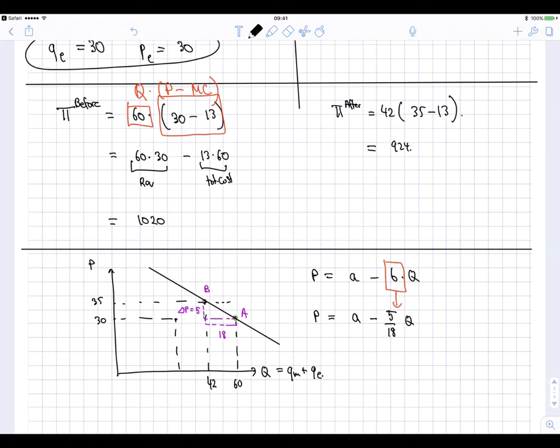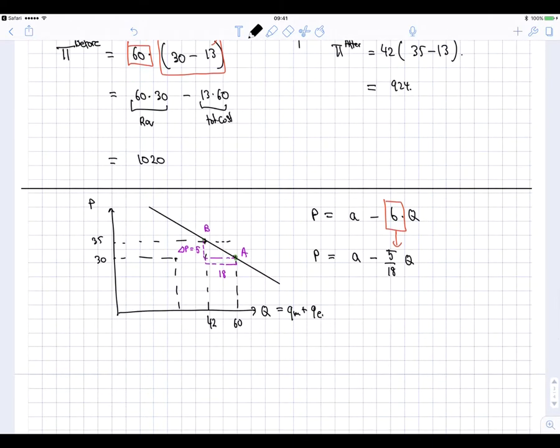Now that I have those 2 points, how can I figure out the A? We already know what P and Q are, so we just plug in the numbers. Exactly. We already know for one of these points what P and Q are, right? So for example, if P is equal to 30 and Q is equal to 60, it must satisfy this equation, so I could just plug them in. 30 is equal to A minus 5 over 18 times 60. 6 times 3 is 18, so I can divide this by 6.